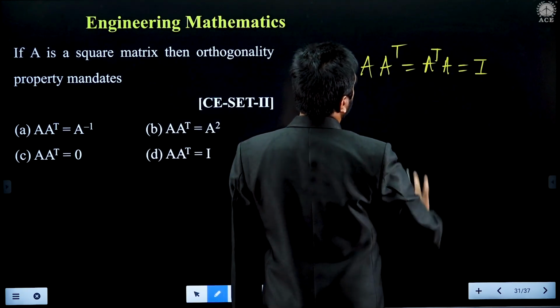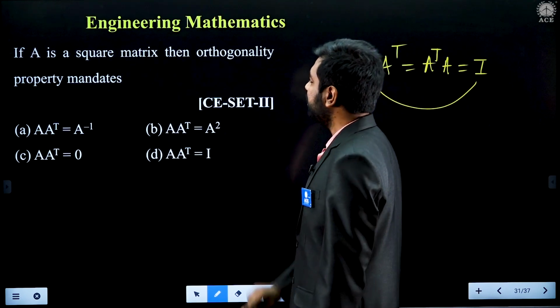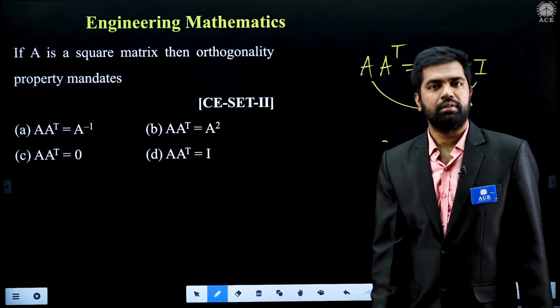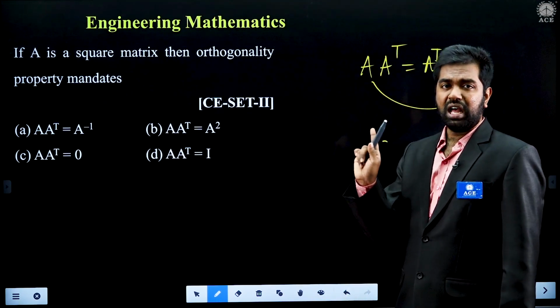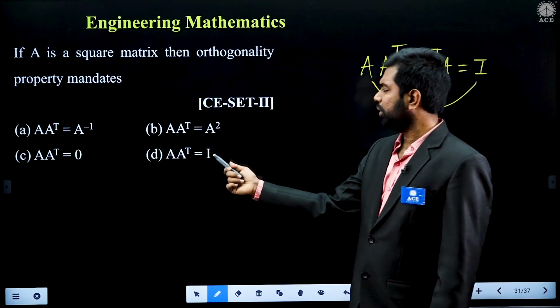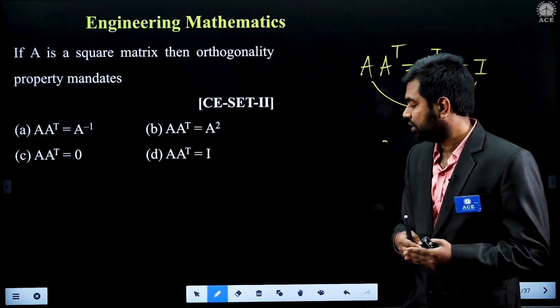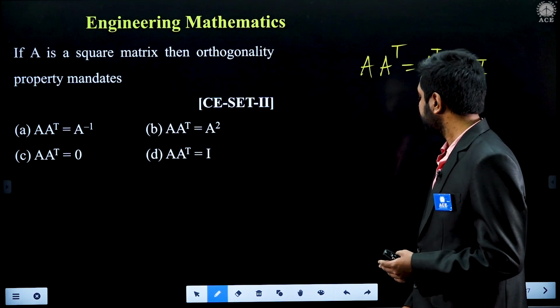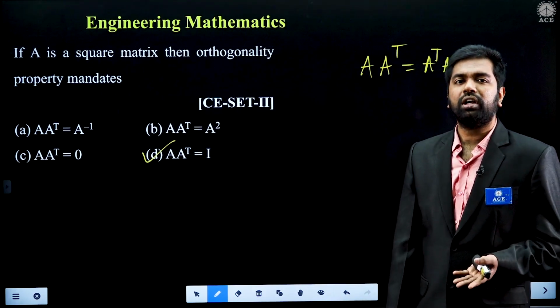A into A transpose equal to I. Yes, this is what is given in option D. This is also a multiple choice question, only one answer is correct. A into A transpose equal to I is the condition for an orthogonal matrix. So the answer for this question is option D.